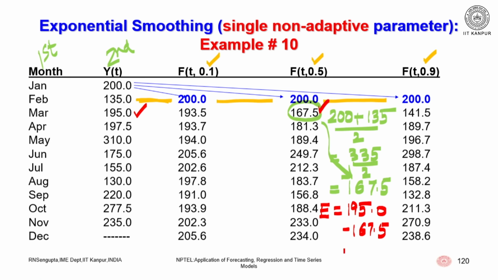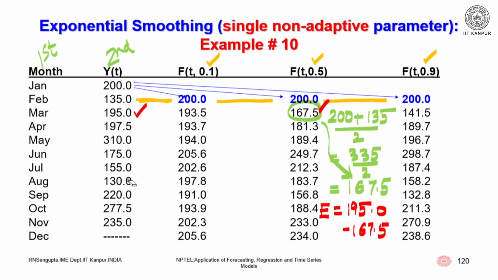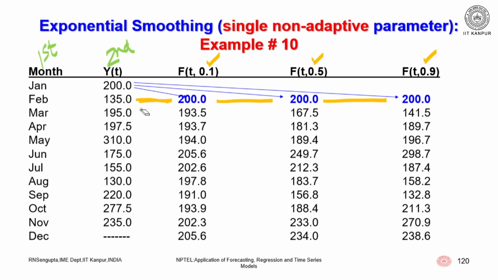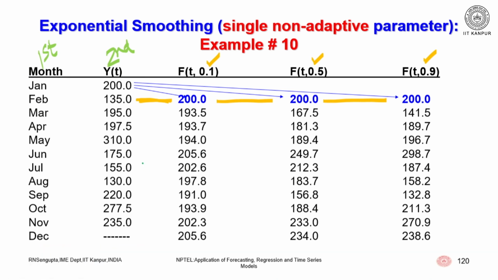I get the error, and you can find out the error. Now if I move to the month of March, considering I am going to take 10%.